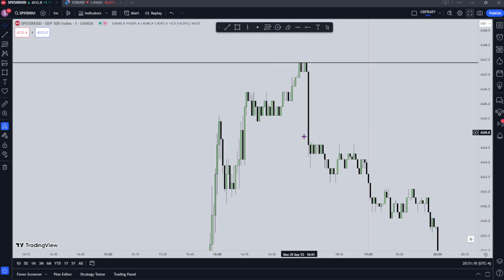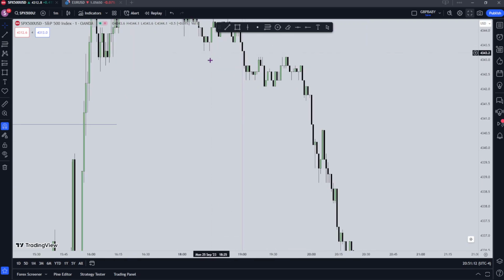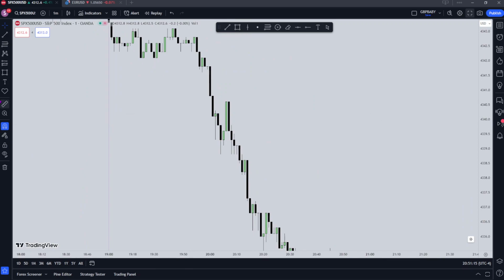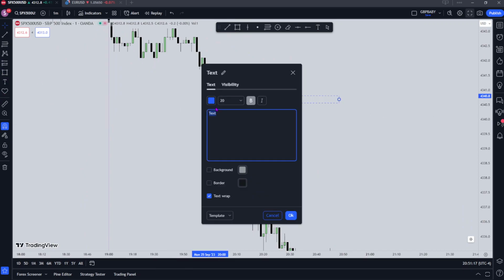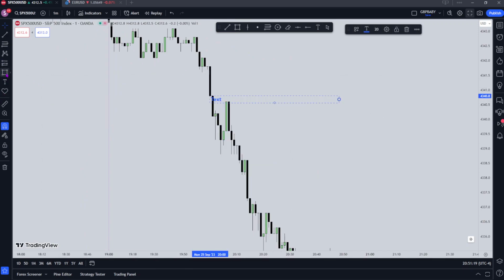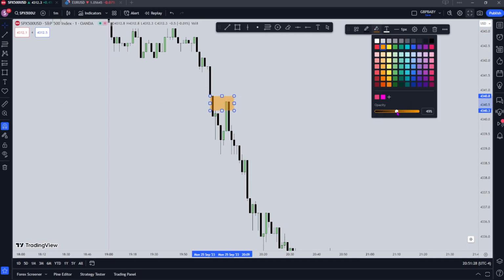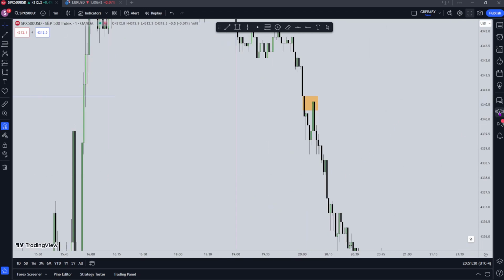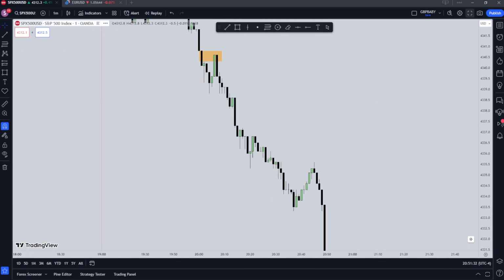Breaking market structure, consolidation. Then it just starts running. Running as fast as it can. Rebalance.